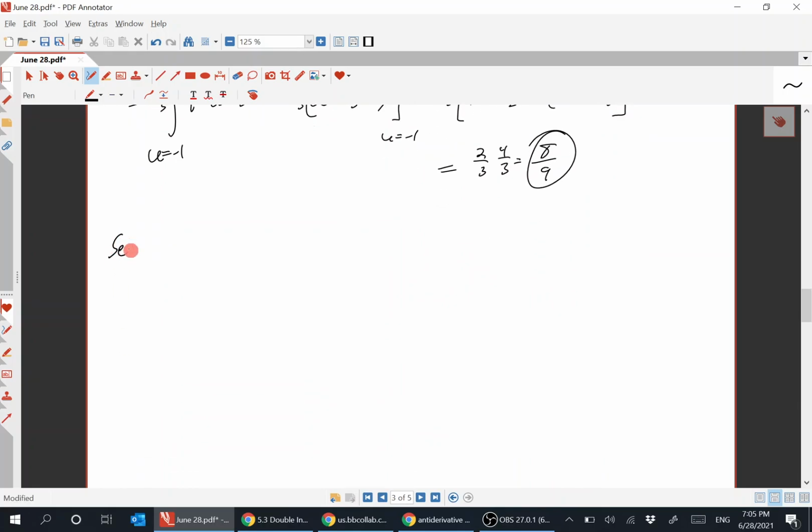So now we're into section 5.4. So we're up to first problem is 182.